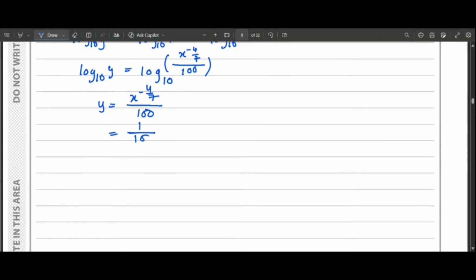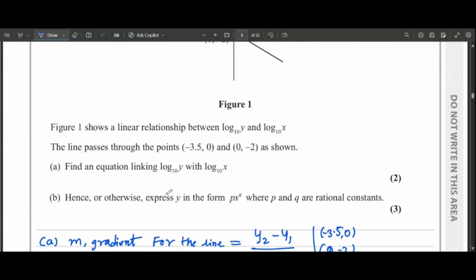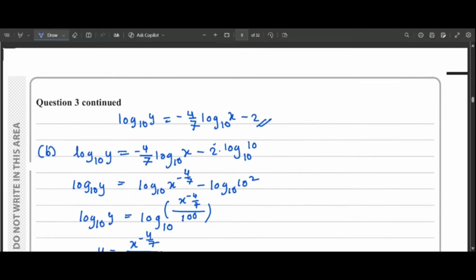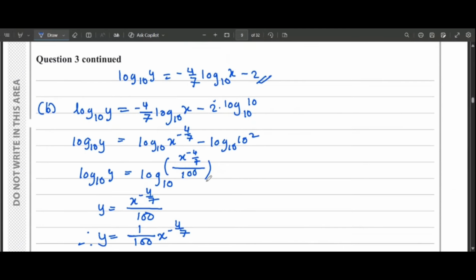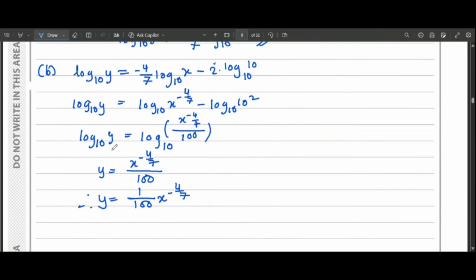We can simplify and write 1/100 x to the power of -4/7 is equal to y. And this is our answer to part B. We only use the laws of logarithms to solve this part of question number 3.